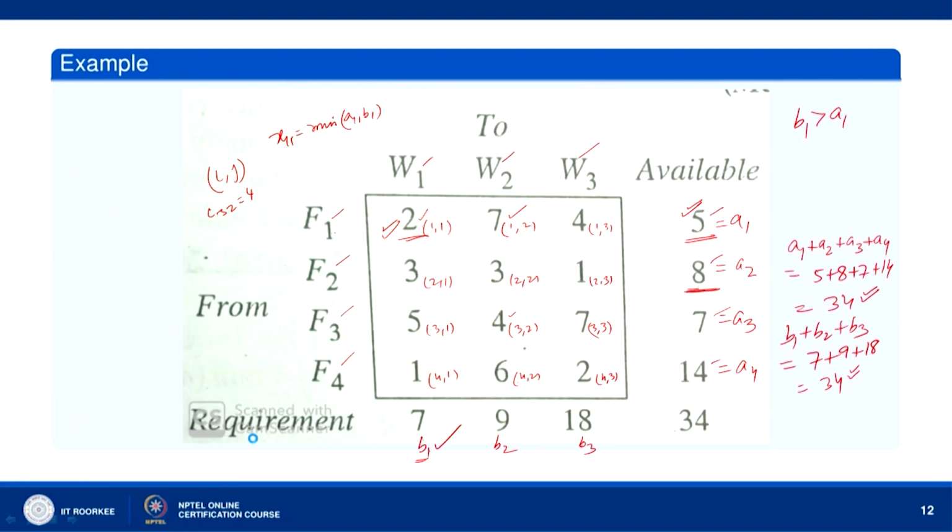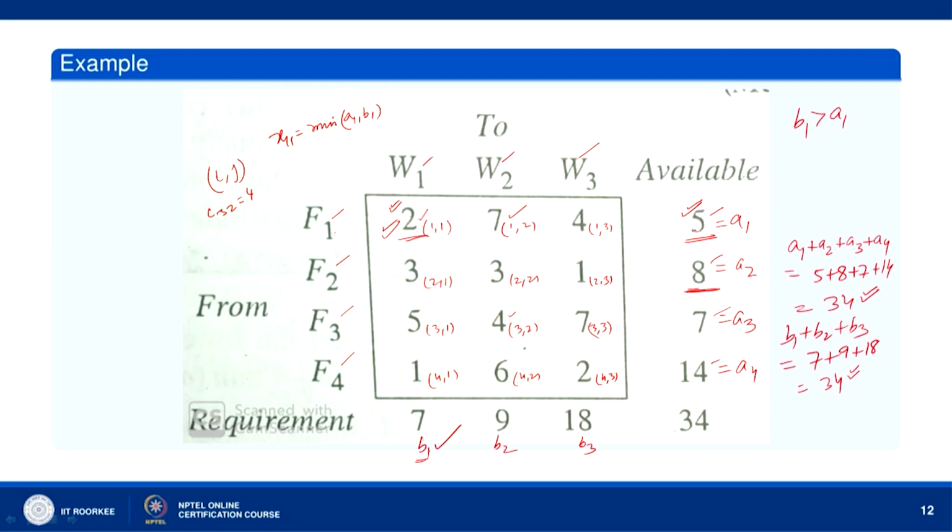So, let us see how we do this here. You can see this is our northwest corner. At the source F1 the quantity available is 5, and at the warehouse W1 we need 7 units of the product.